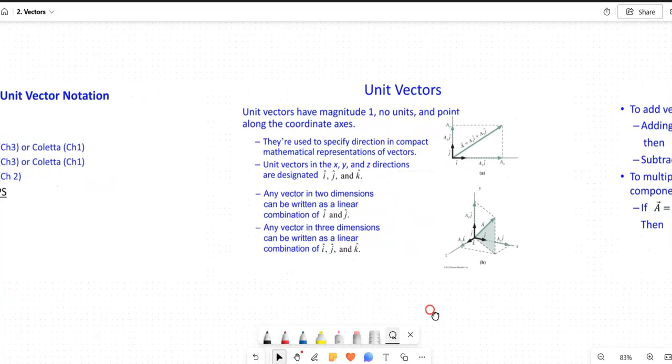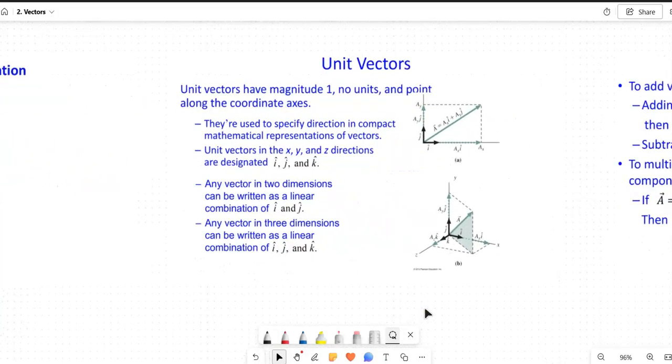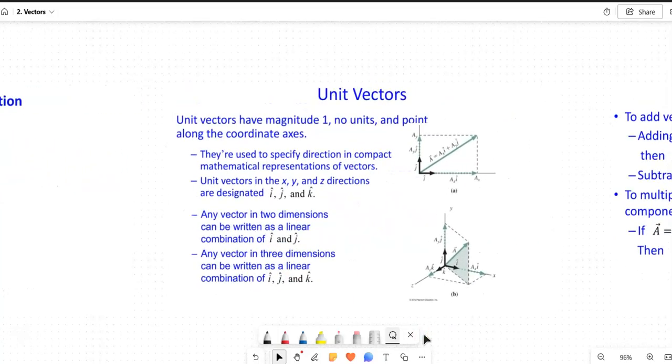Okay, unit vector notation is about taking units, where we were solving in those tutorials where there were 3 boxes to the right and then 2 boxes up. Well, 3 boxes to the right would be positive 3 i hat, and 2 boxes up would be 2 j hat.